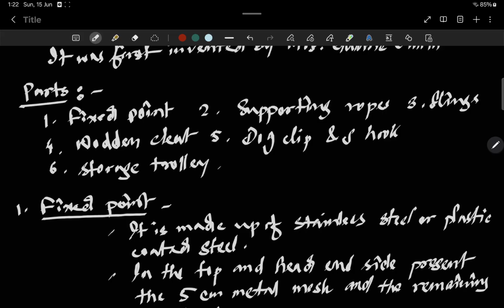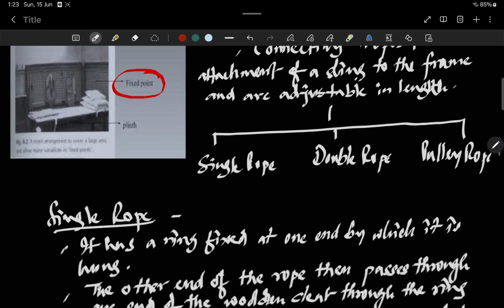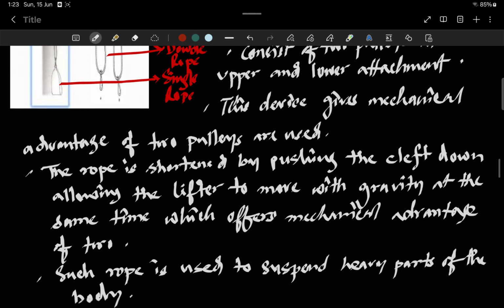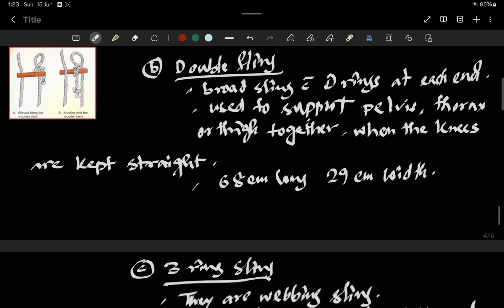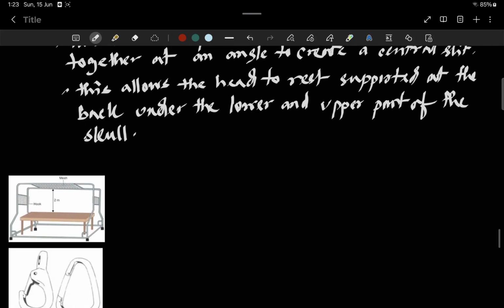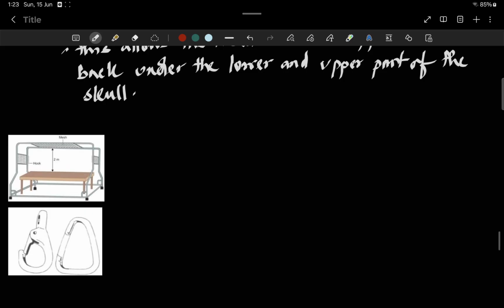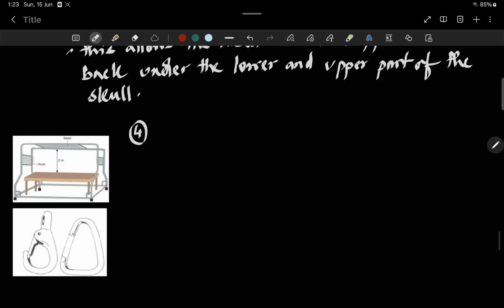Next, we have studied the fixed point, supporting ropes and sling. Next one is the wooden cleat. Okay. Number 4, wooden cleat.